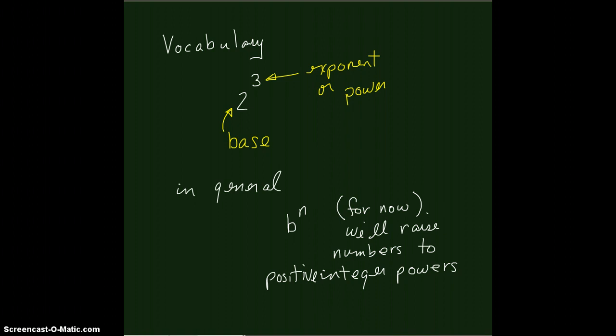Let me give you some examples. This could be something like 2.1, which is a perfectly fine real number, and I'll raise it to the power 2. What this stands for is that everything below this 2 gets repeated in multiplication.